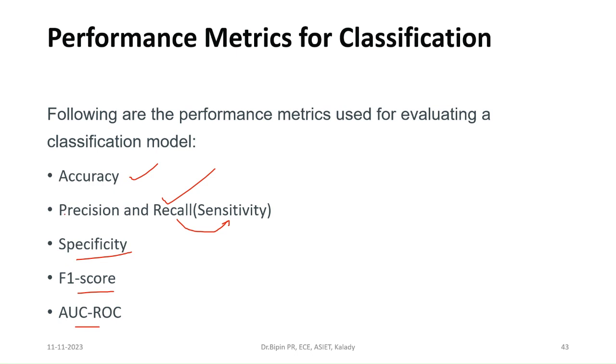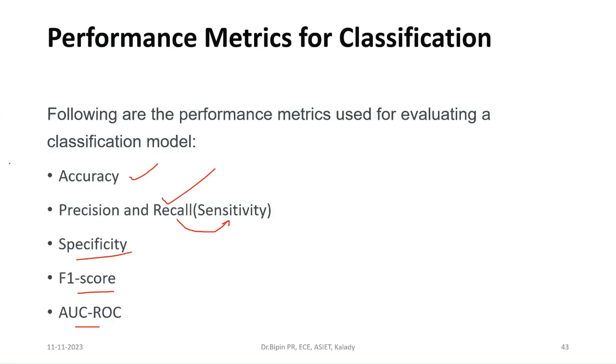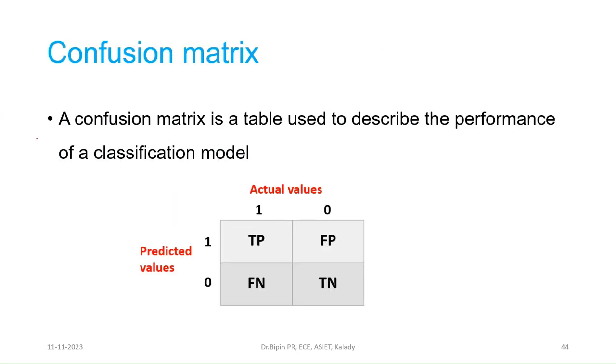So these are the main performance metrics for classification: accuracy, precision and recall, specificity, F1 score, and AUC ROC. Before that, we should study something known as confusion matrix.